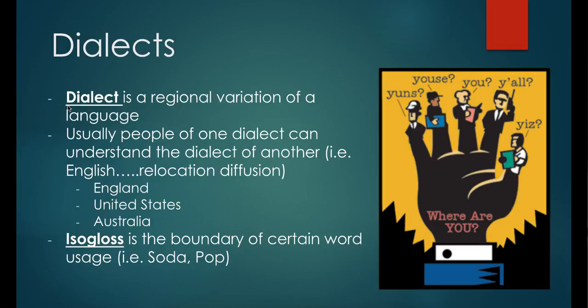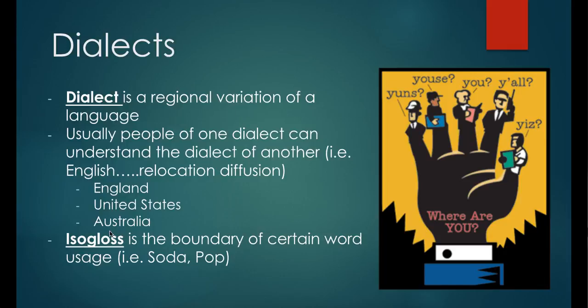So different parts of the country, whatever country you're in, could have different dialects of any language. Over time, these dialects can slowly change, and then it can be its own language. But if everybody can understand each other, then it's just going to be a simple dialect. Usually this is associated with the isogloss concept, the boundary of how certain words are pronounced, the certain way you say words for different things.